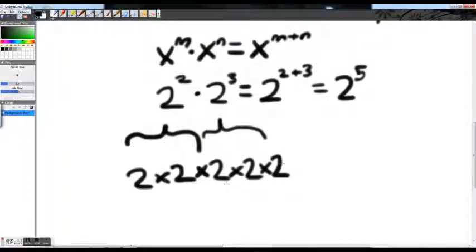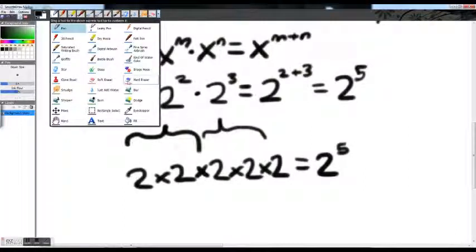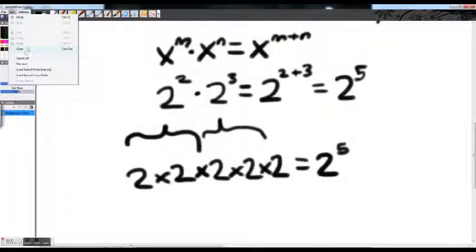So if we were to multiply these together, we would have 2 to the 5th. Let's go ahead and clear this.